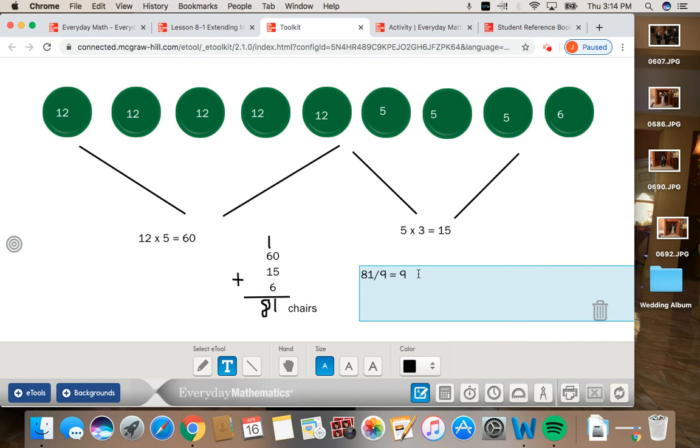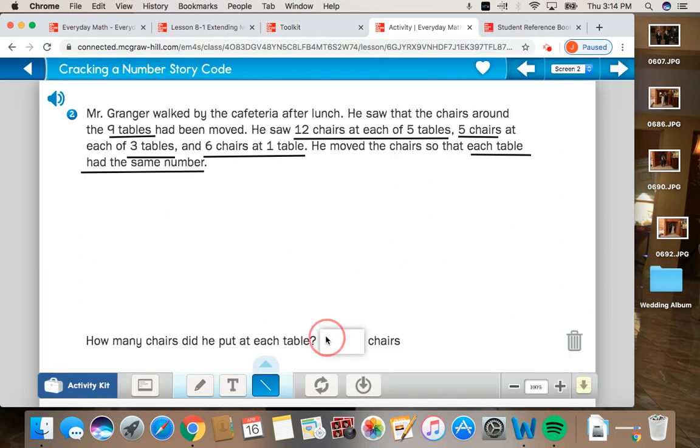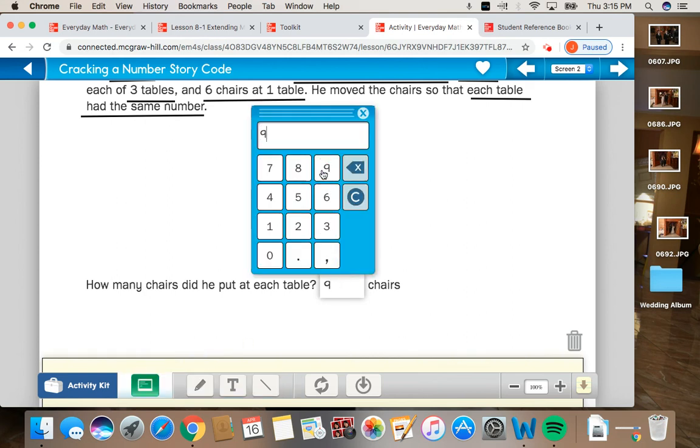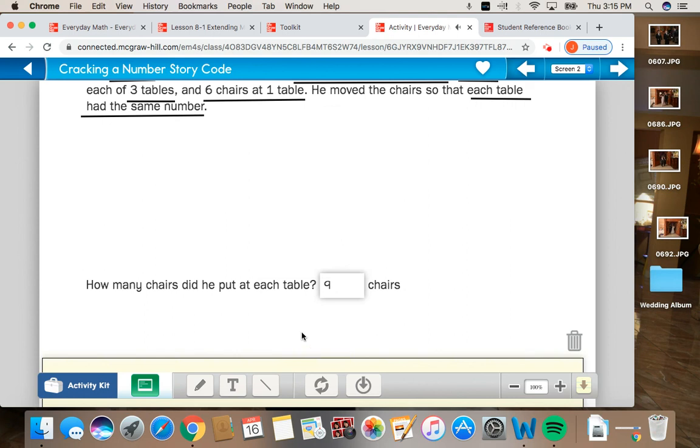So that means there would be 9 chairs at each table. And again, it's just another way to organize your work. So I'm going to go back to my activity, put my answer in the box. Not sure why it's not letting me. Oh, now it will. 9 chairs.